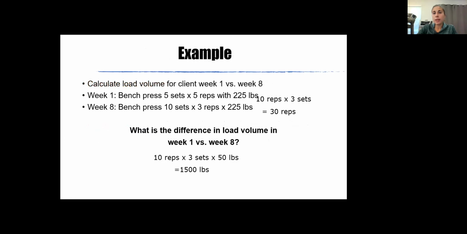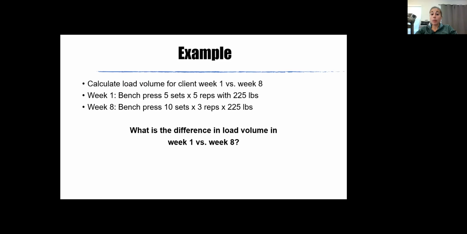Yeah. So here's, and let's just delete my drawings from before. Okay. So let's look at a client who's done bench press week 1 versus week 8. And so we're going to see how we're playing around with the volume, but look at how we've changed the sets and rep schemes, but we didn't change the weight.